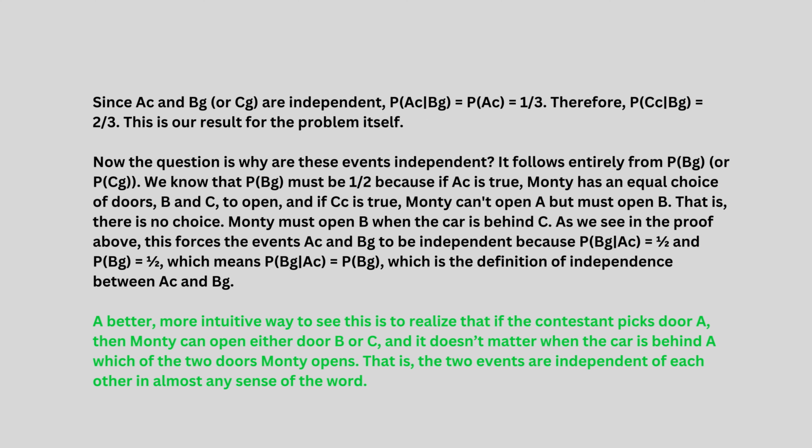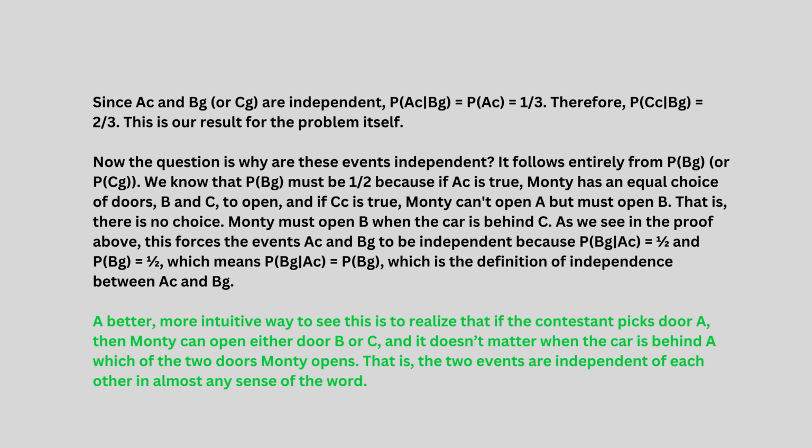Now, since AC and BG or CG are independent, the probability of AC given BG equals the probability of AC, which is equal to 1/3. Therefore, the probability of CC given BG equals 2/3. This is our result for the problem itself.